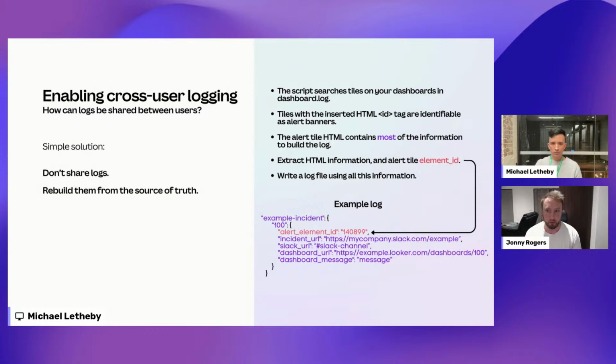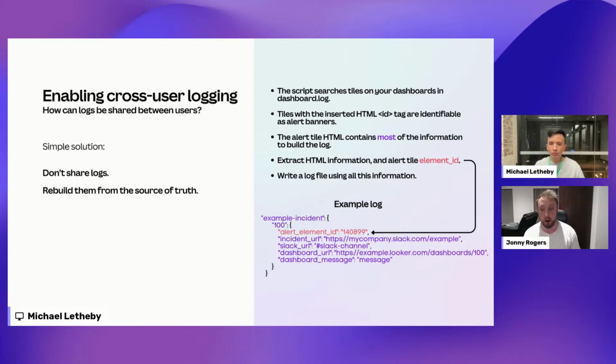In the bottom right, we have an example of a log file entry for some example incident that involves just a single dashboard. This may have been placed by my teammate. And importantly, my teammate and I have the same dashboards listed in our dashboard configuration file. So when I instruct Labs to refresh my log, it'll scan all of the elements on all of the dashboards that are listed in my configuration file.